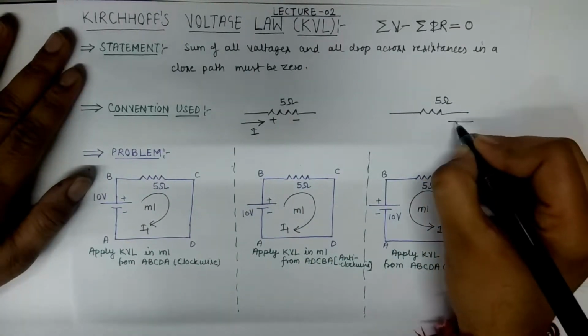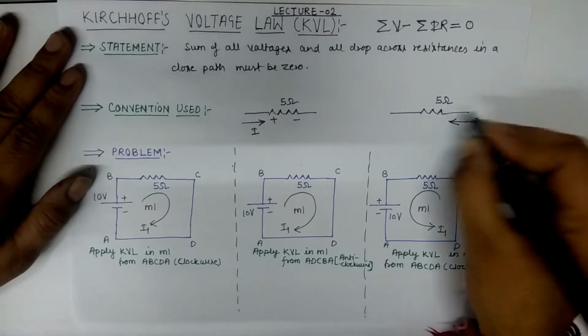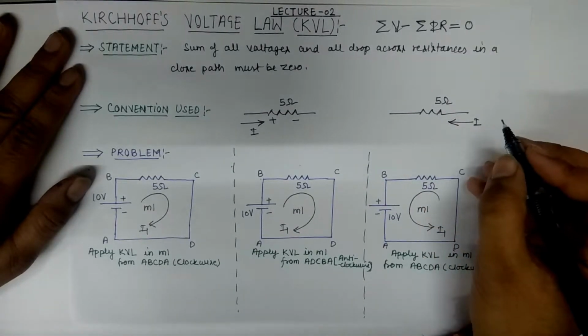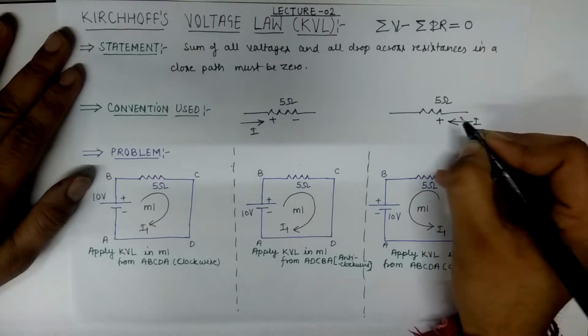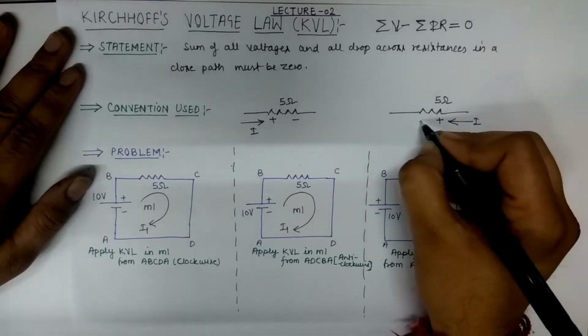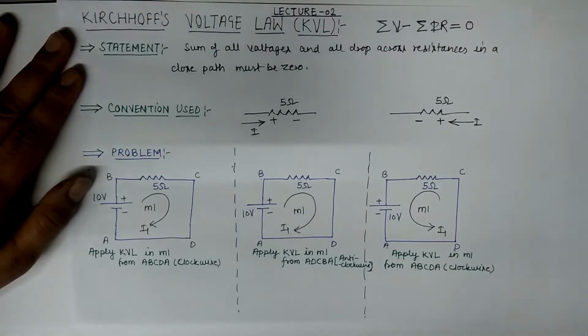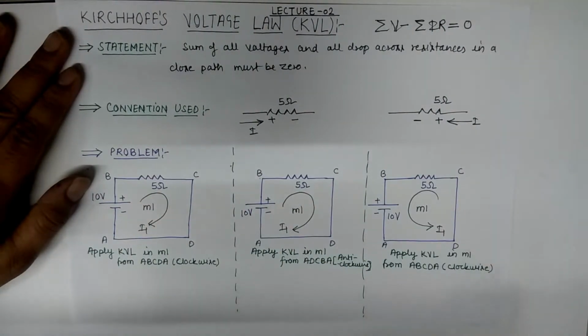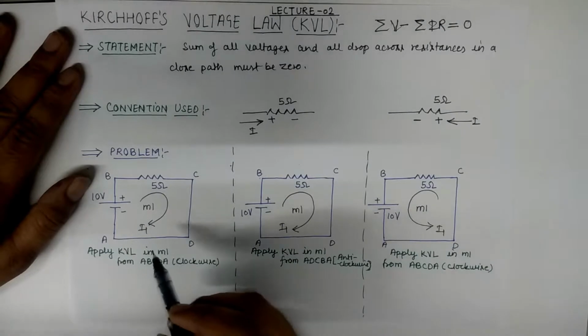Similarly, for any current coming from left to right in the same resistance, it would be a plus sign at the entering terminal and a negative sign at the leaving terminal. So we follow this convention in the problem given here.